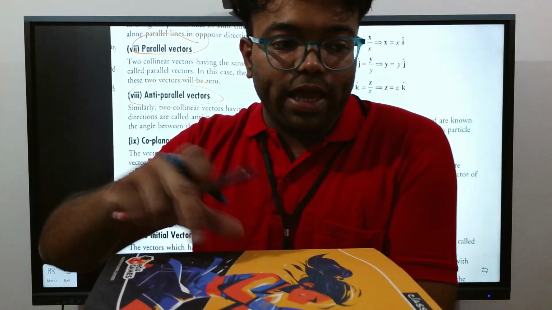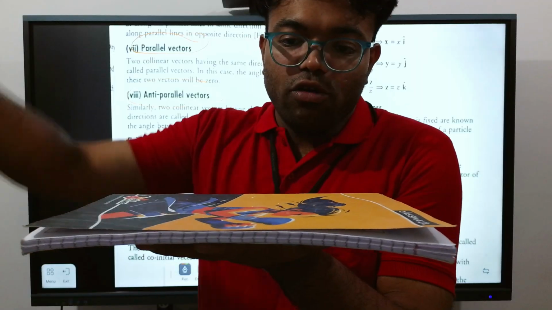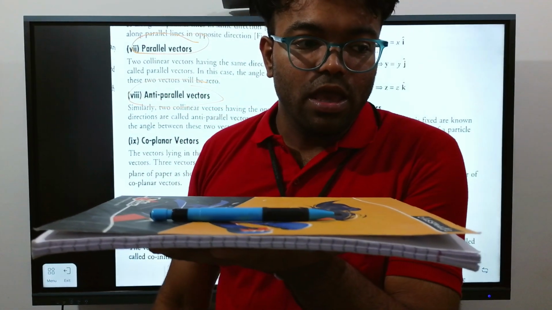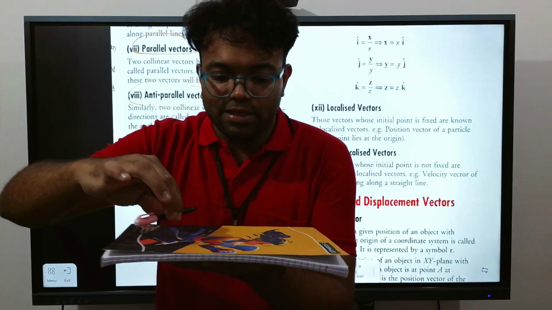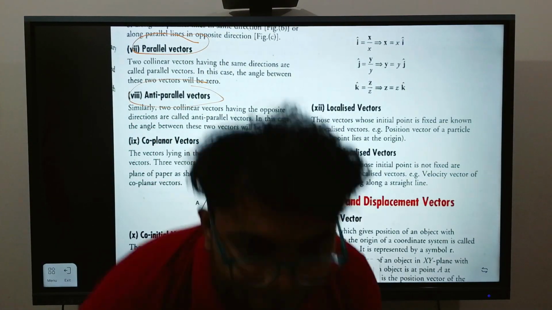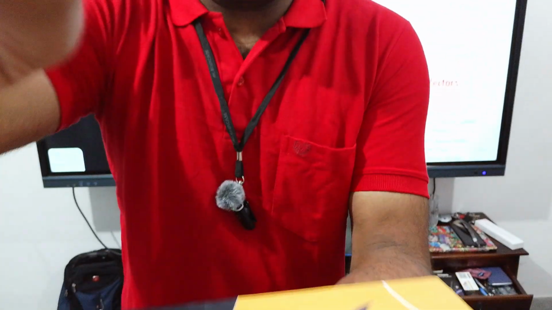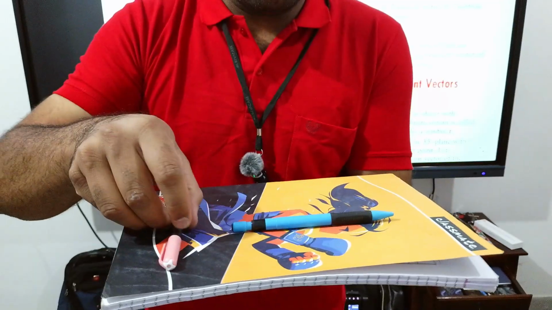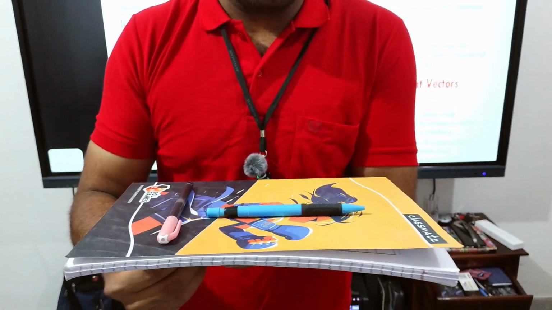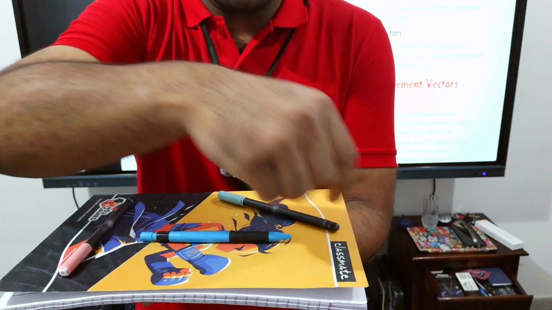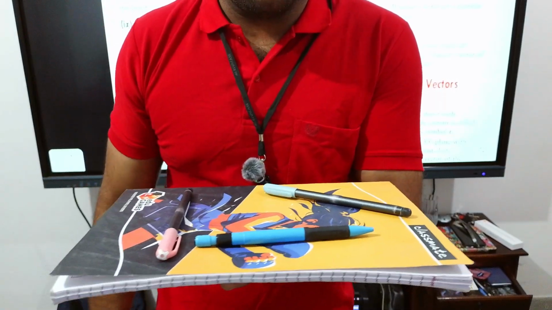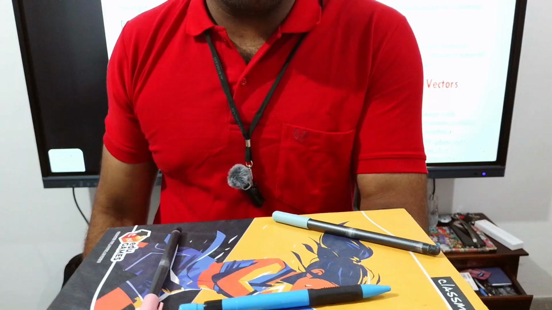Now look at this. This is a plane surface. You have one vector like this, one vector like this, and one vector like this. All three of them are lying in one plane.